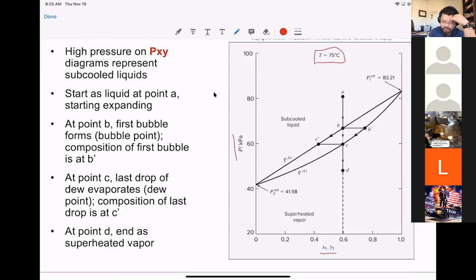So here, if we are thinking about the high pressure, if we have a vapor phase and you keep increasing the pressure, eventually you are going to have a liquid phase. So with that justification, the upper region is now the liquid region, and the lower part would be the vapor region.